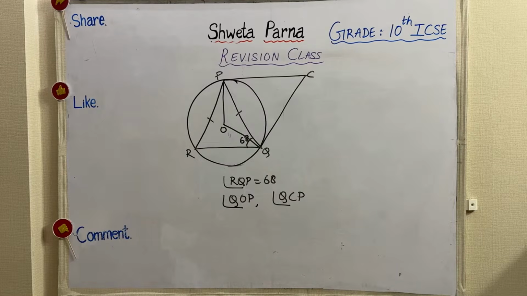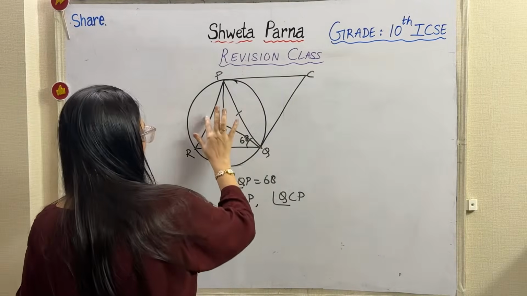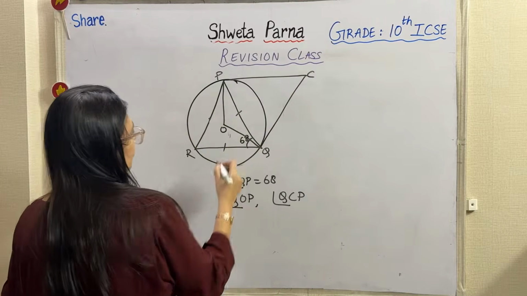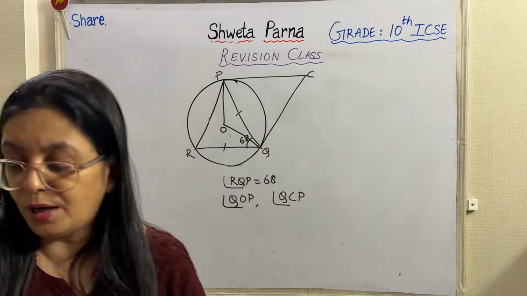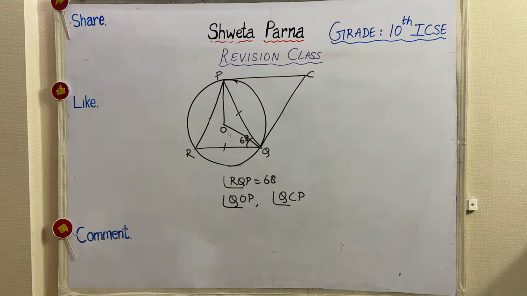PQ is given as PQ is equal to QR. I made a mistake. It is not PR. It is QR. Sorry. You have to find the value of QOP and QCP. Come on, find it.